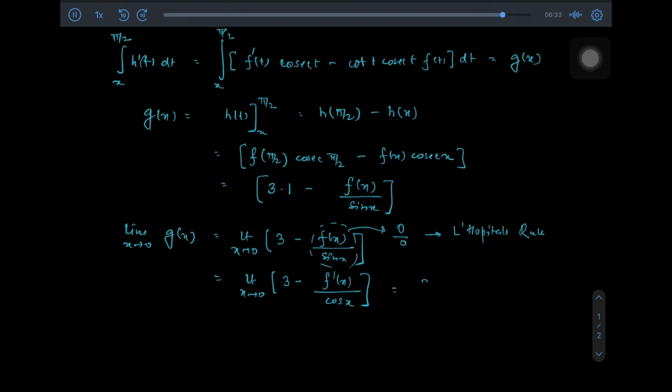Now if you put the value of x equal to 0, you get f dashed of 0 by 1. So this is 3 minus f dashed of 0, which is 1, and this is the required answer for the question.